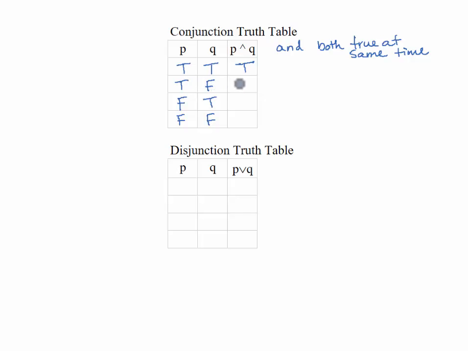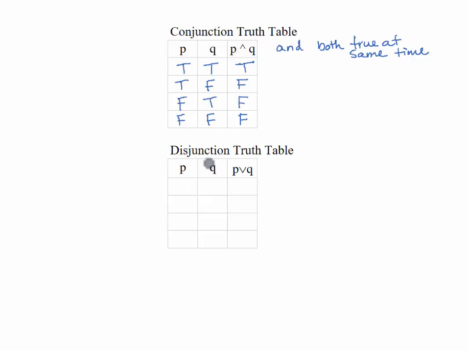But if either one is false, P and Q is false. If this one is false, this one is true, P and Q is false. If they're both false, P and Q is false. Okay? You can always reason this out, but we're going to work with these enough that it would be wise to just go ahead and memorize them.